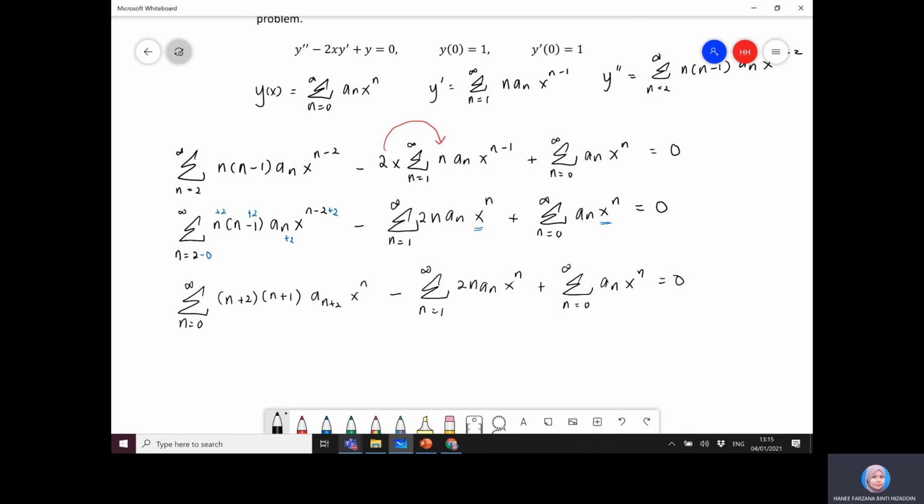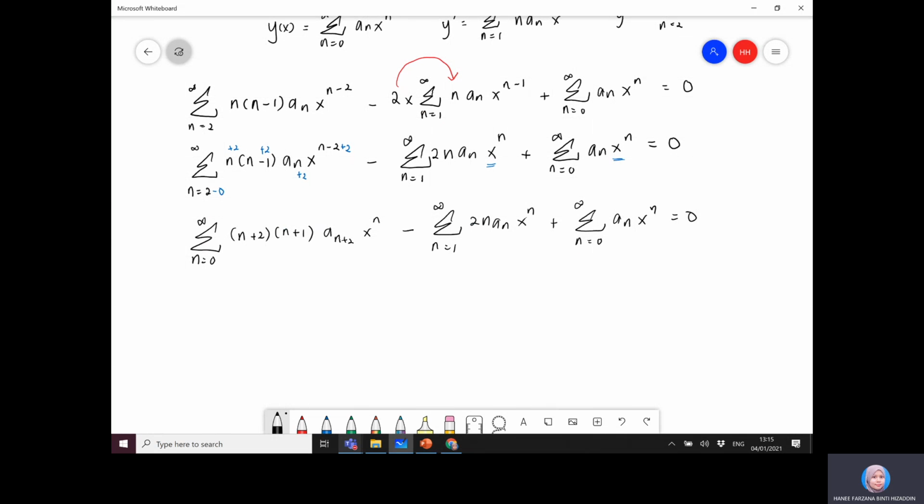Okay, so the next step is to strip out the terms with n equals to 0 so that all of the series start at the same starting point. So we want all the series to start at n equals to 1. So we take out the terms with n equals to 0 for the first and the third series. For the first series, when n equals to 0, you have 2 times a2, and then you can write down the remainder.